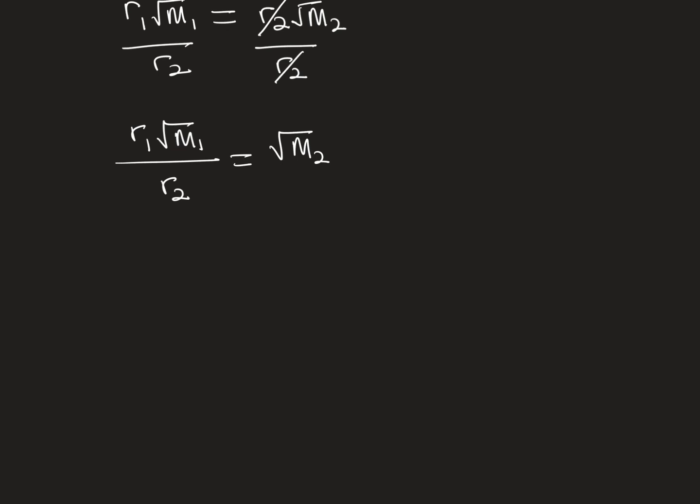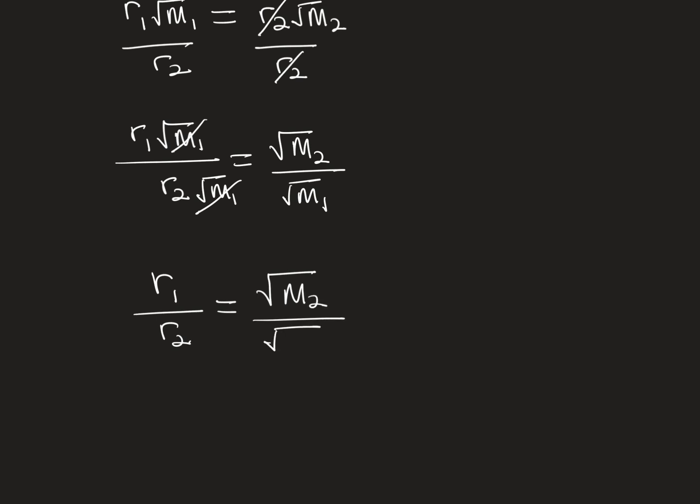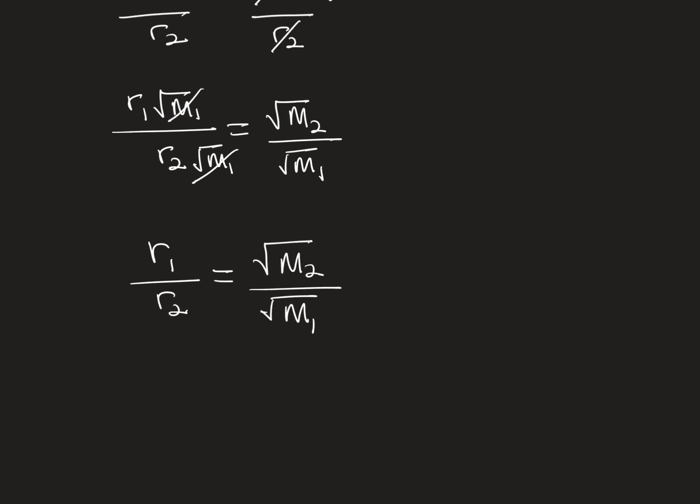So let me try to bring the M to the right side of the equation. Then I will divide both sides by root M1. So this will cancel this. That is R1 all over R2 is equal to root M2 divided by root M1.